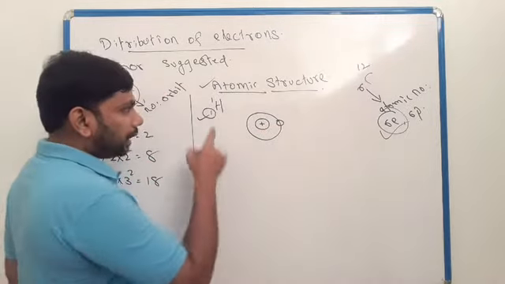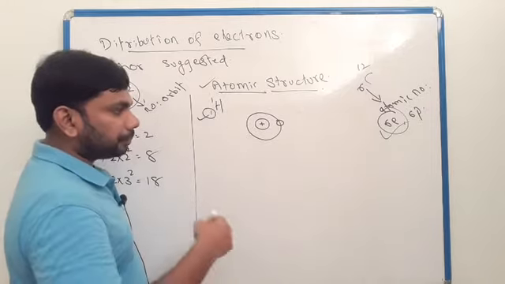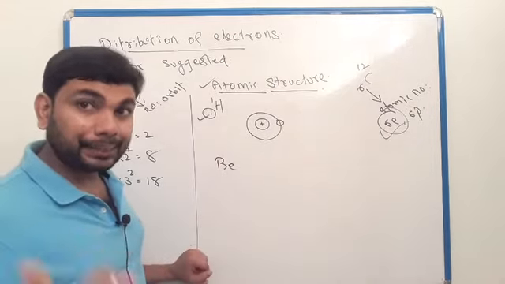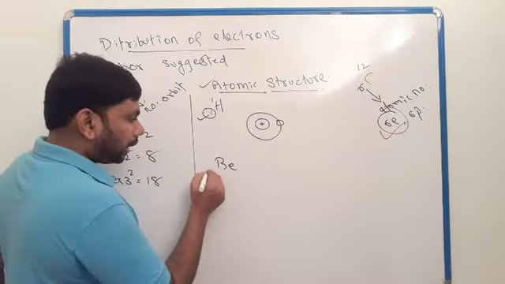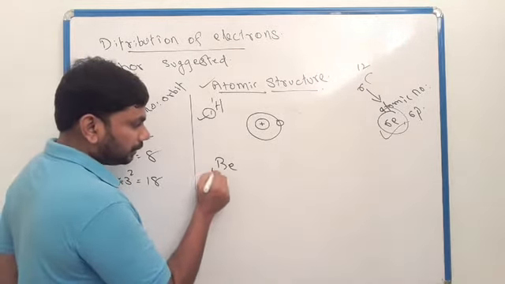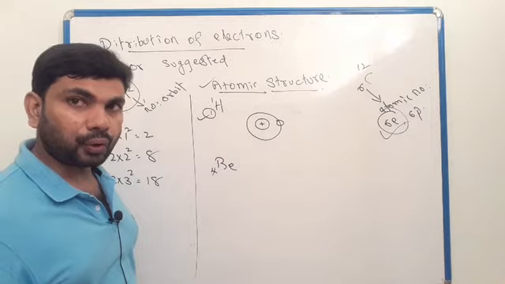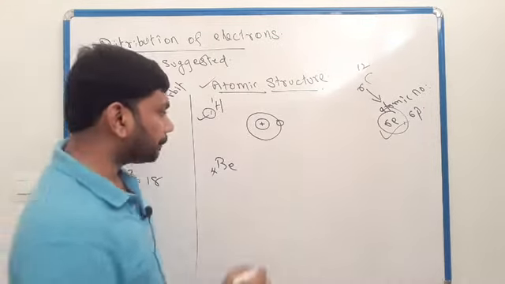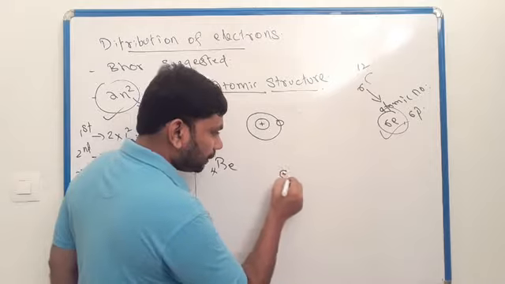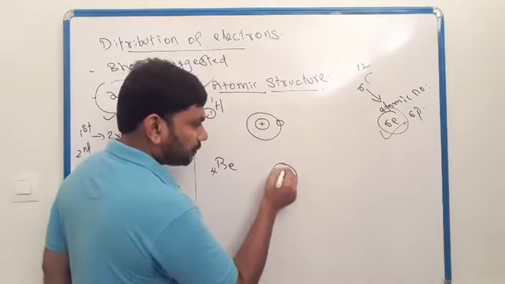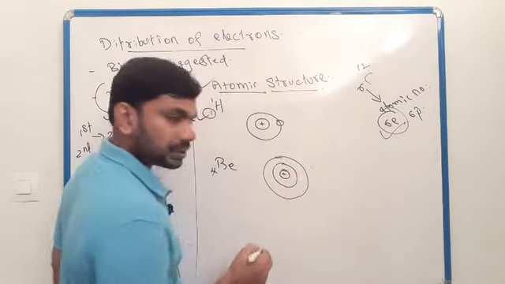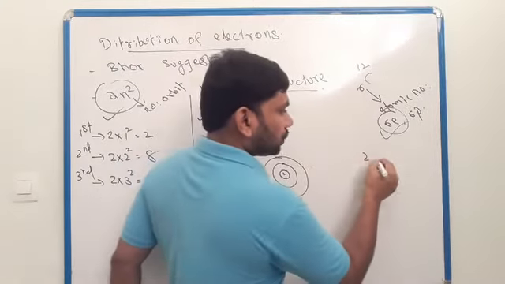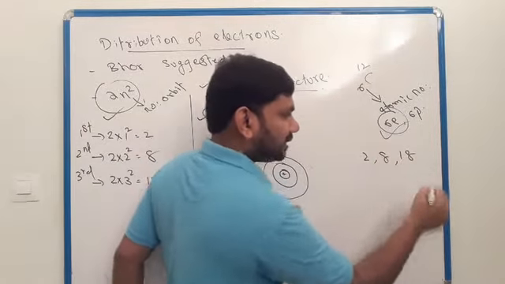Next, hydrogen, helium, lithium, beryllium, many elements. We will choose beryllium, the fourth one, so atomic number 4. To draw the atomic structure of beryllium, you can do it like this. In the middle the nucleus, then first orbit, second orbit. We know first orbit 2, second 8, third 18.